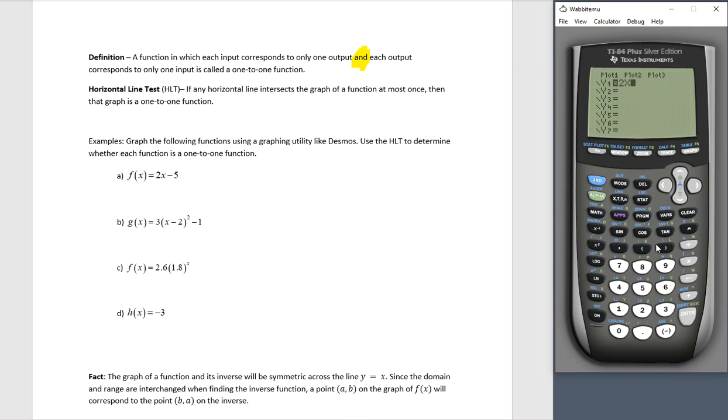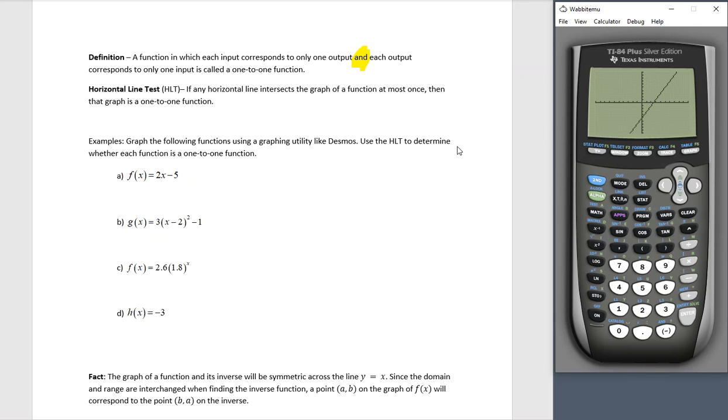So if we have 2x minus 5, we could take a look at the graph. f of x equals 2x minus 5. Notice this is a nice linear graph. It makes a nice straight line. Each x goes to only one y, and each y comes from only one x.